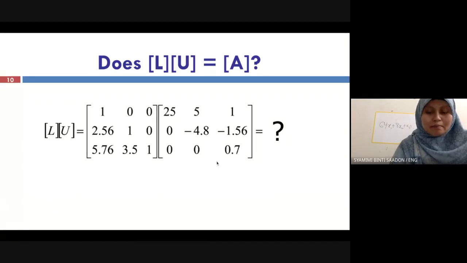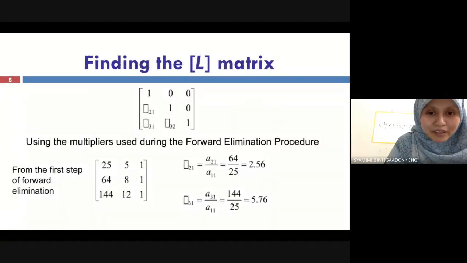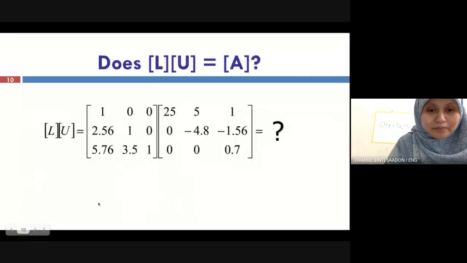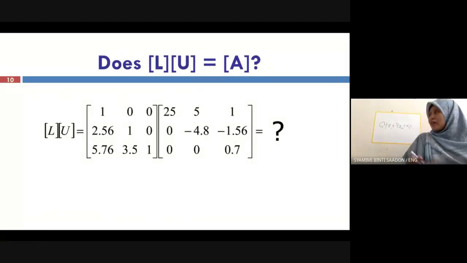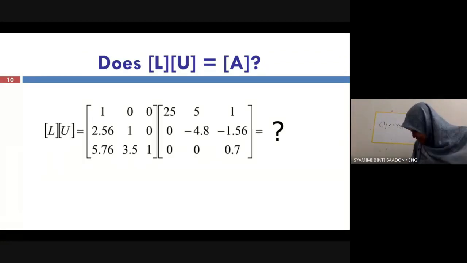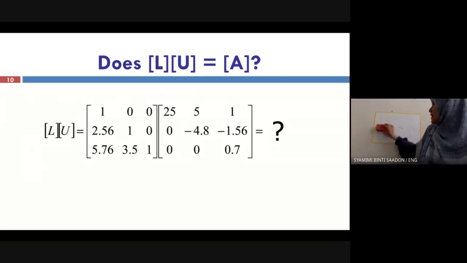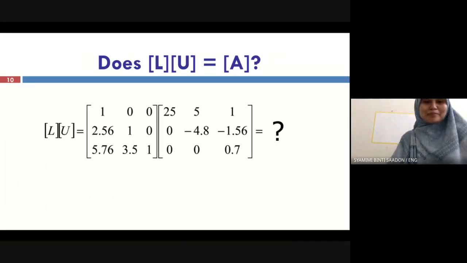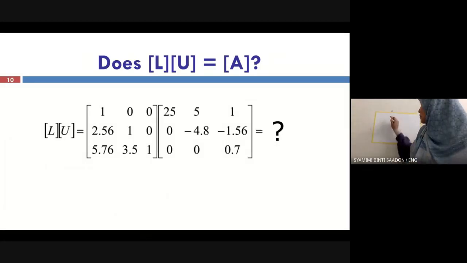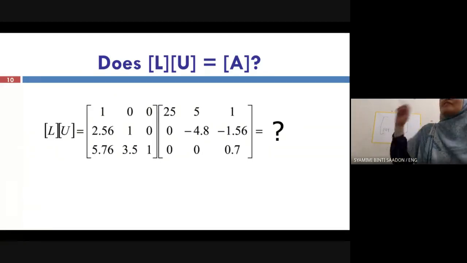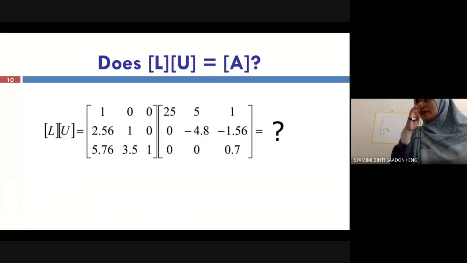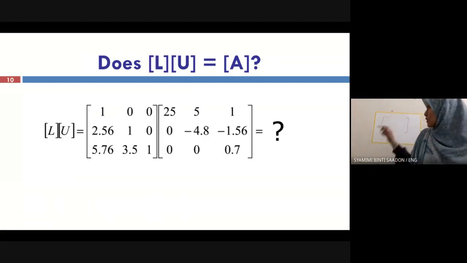For example, we take the value 144 here. 144 is here, right? Third row, first column.